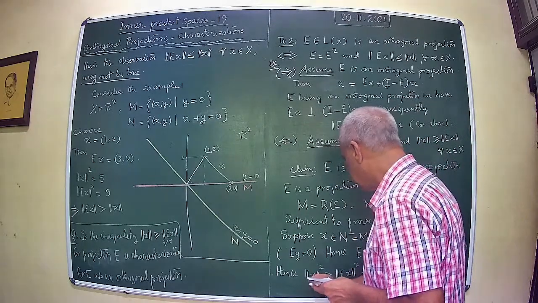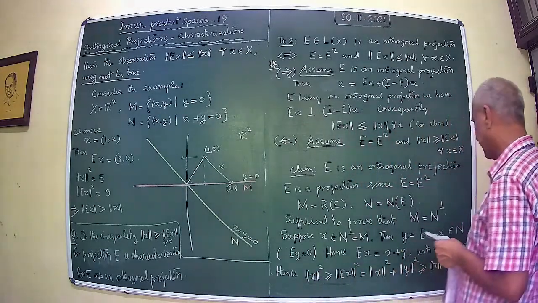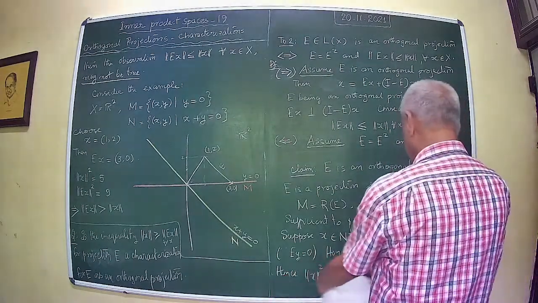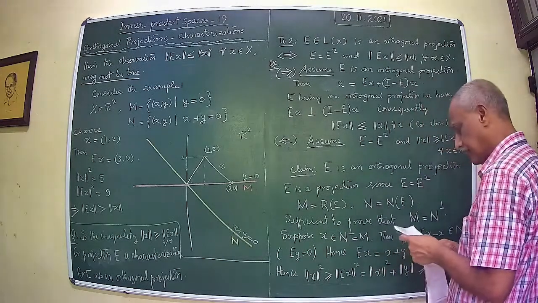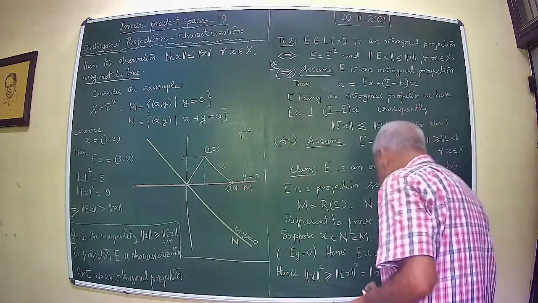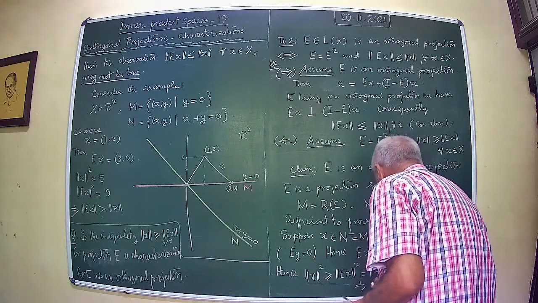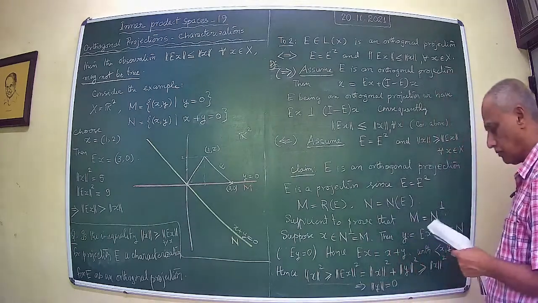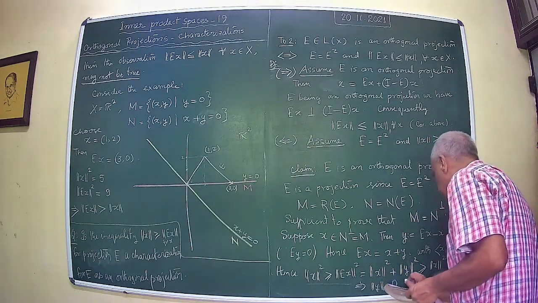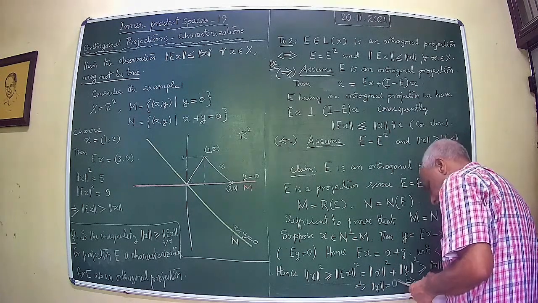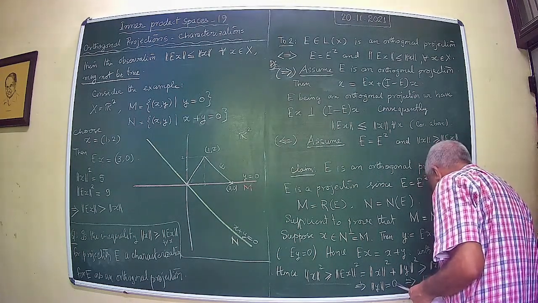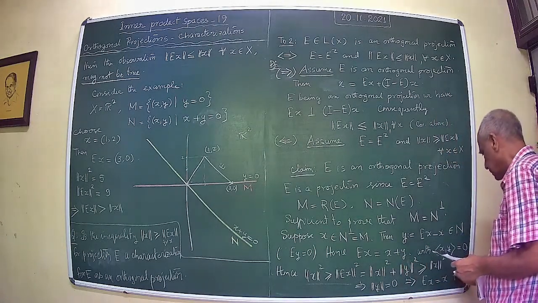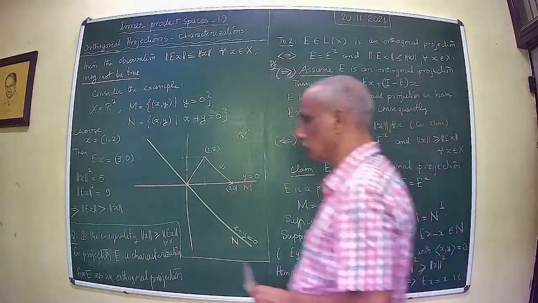See, this particular inequality tells you that norm of x square is greater than or equal to norm of x square, so all this is squeezed in between, and therefore what you have is norm of y equal to 0, which implies Ex equal to x. That is, x belongs to M.